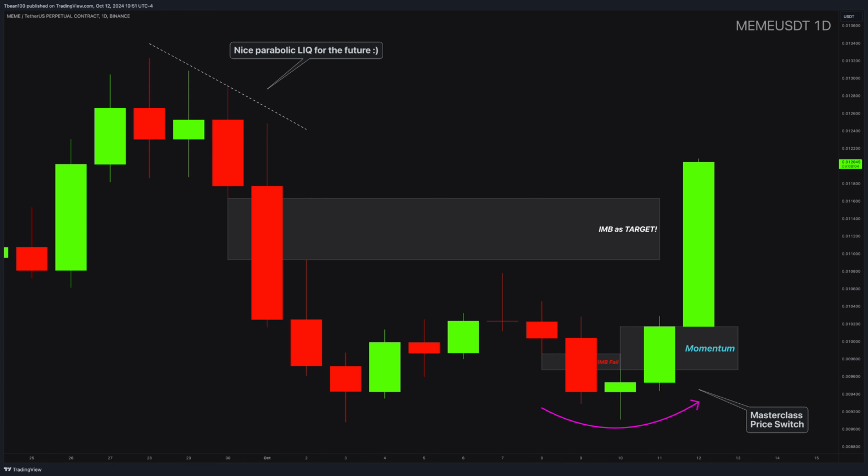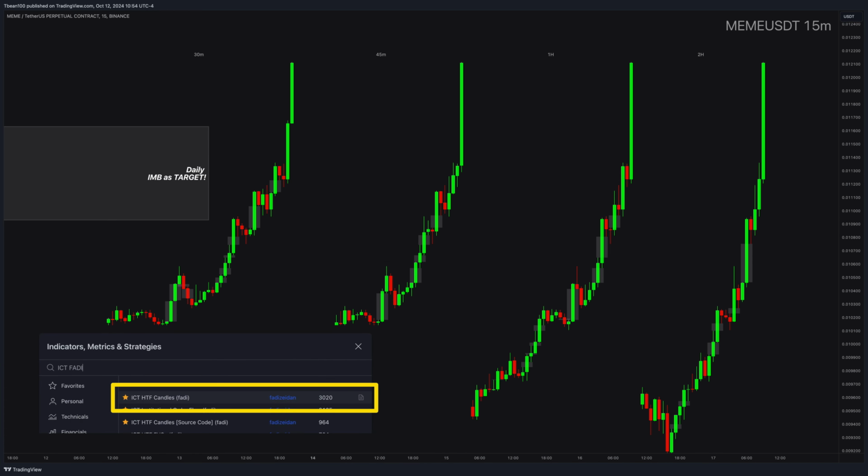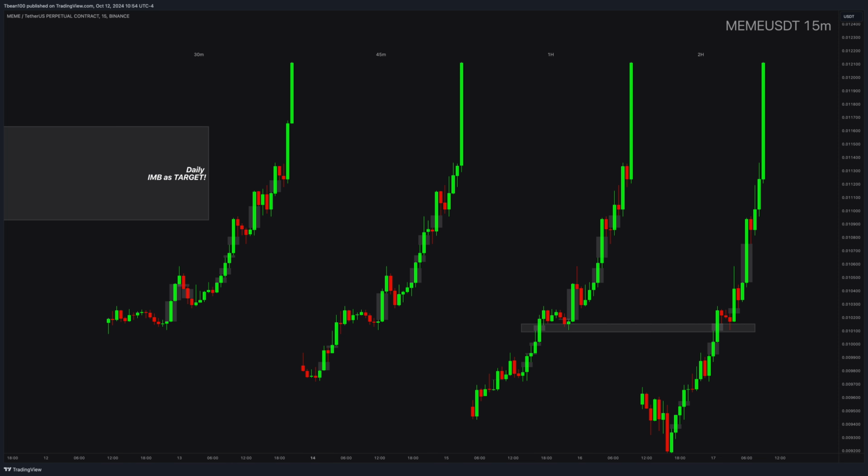Now, let's dive into the momentum layout. Again, we will use the best indicator we can ever use, ICT High Time Frames indicator, that allows us to see multi-time frame rally points. Let's try to understand the basic pattern in this coin. The earliest rally we can see started right here with the help of these two imbalances.